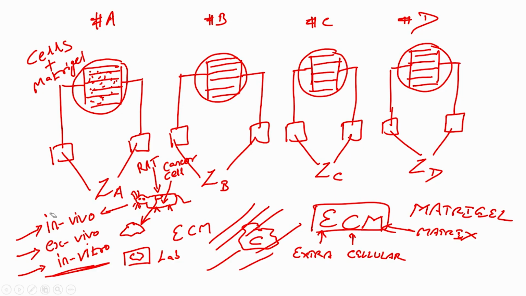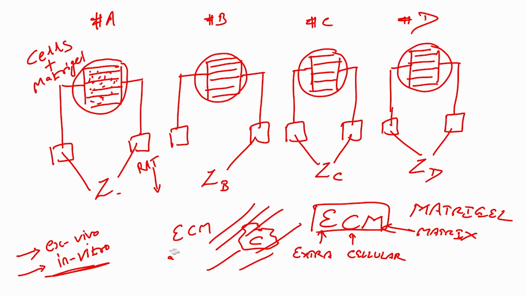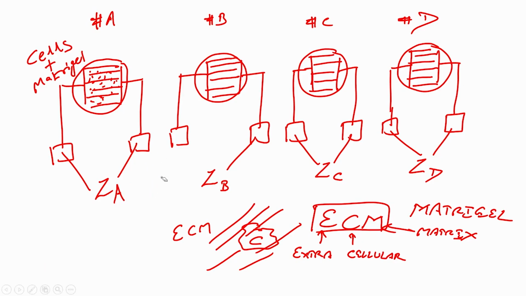So, in vivo, ex vivo and in vitro, 3 terms that you need to understand, with my funny picture of a rat, which you do not have to worry about. ZA, rat is deleted, ZB and ZC.